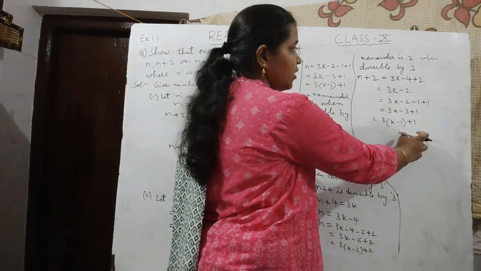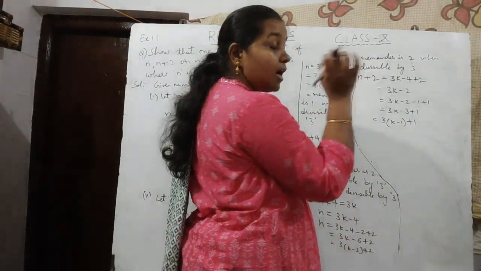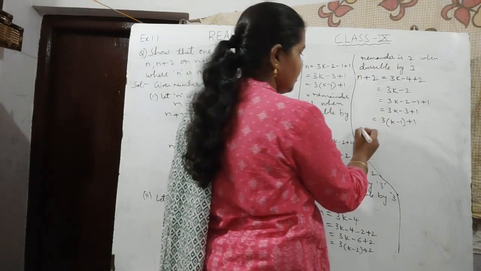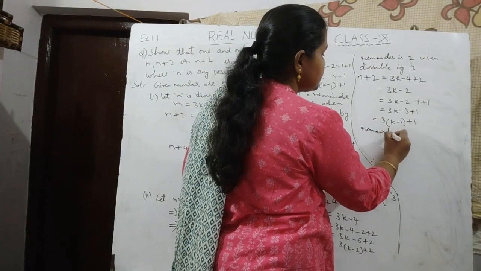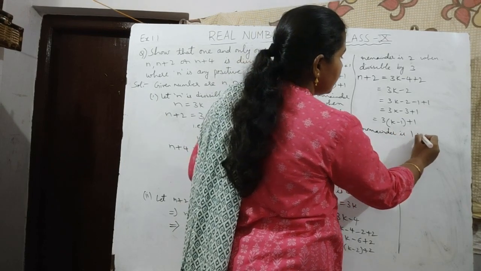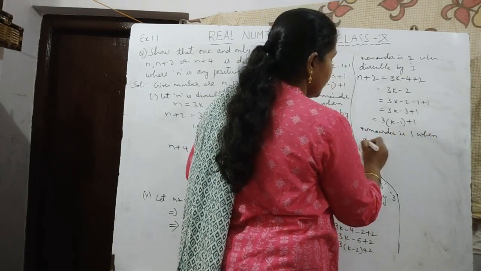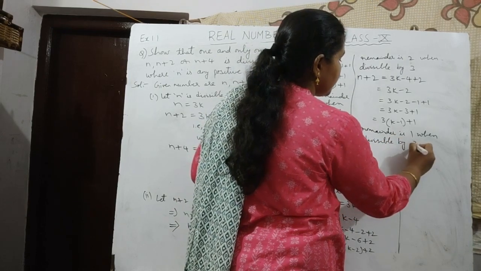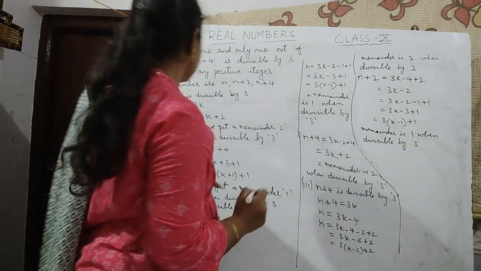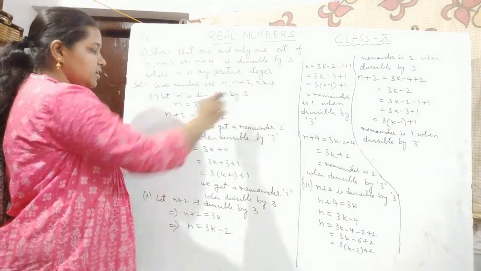Remainder is 1, which means n plus 2 is not divisible. That is, remainder is 1 when divisible by 3.